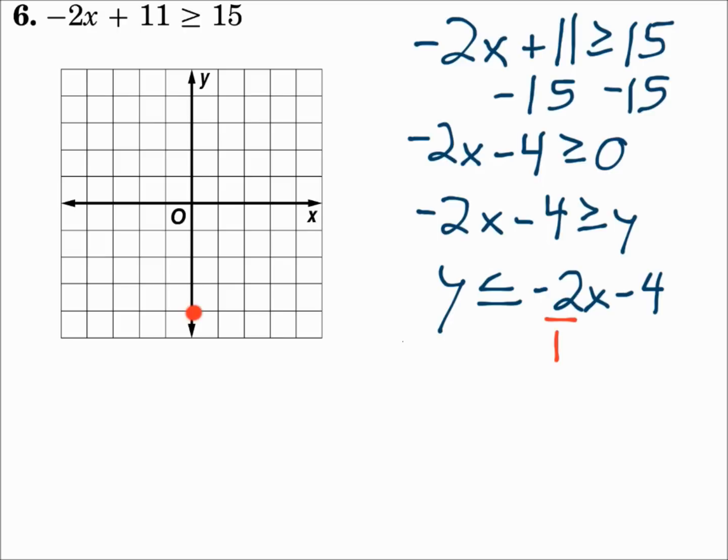That'll go down 2, right 1, which is right there. Extend the graph if you need to. Since it is equal, that's a solid line. And since y is less than that, it's shaded below.